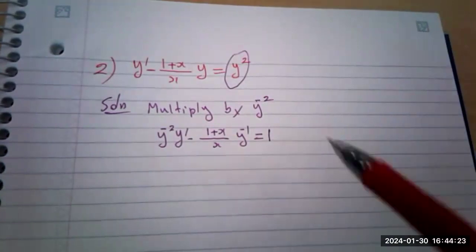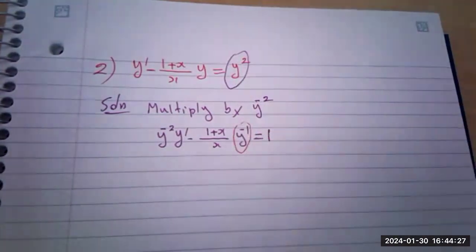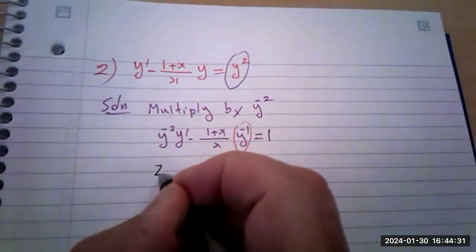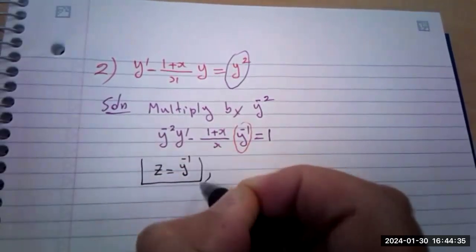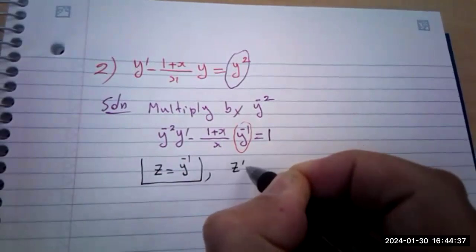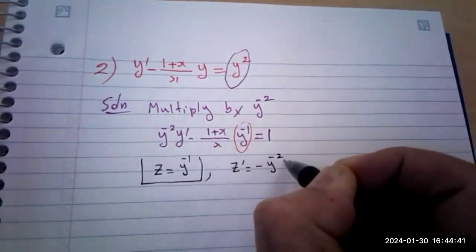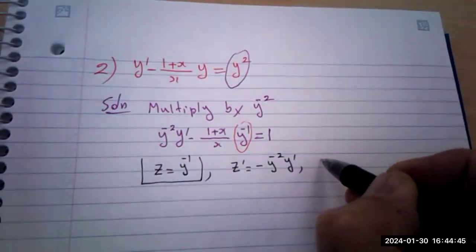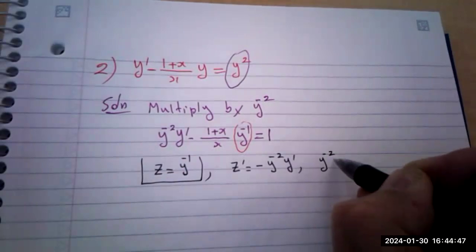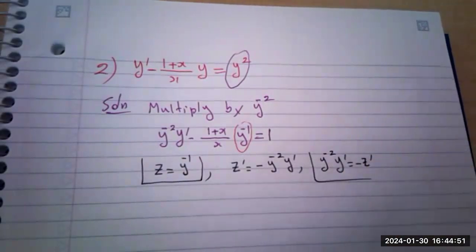So this is going to be your z. Same thing that we did. The substitution z is y to the negative 1. We need to find z prime. Chain rule: negative y to the negative 2 y prime. You have to multiply by negative 1 to get this y to the negative 2 y prime, which is negative z prime.